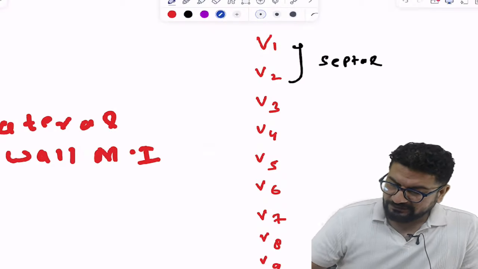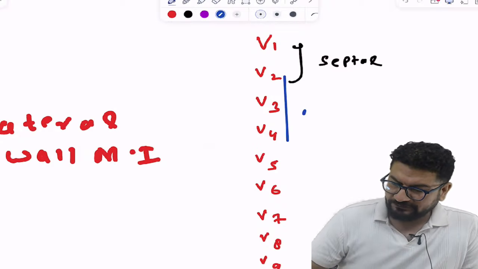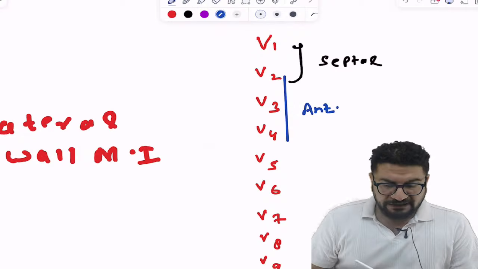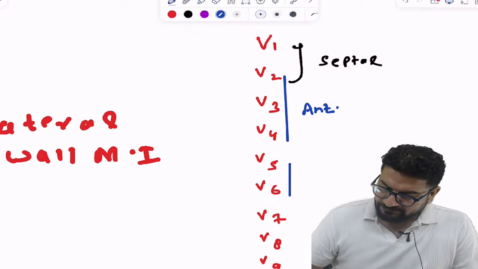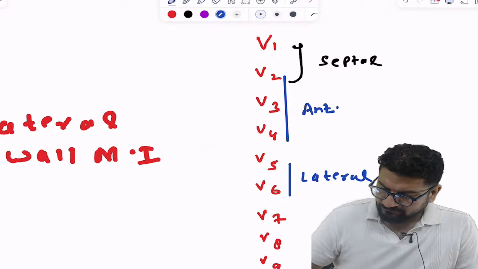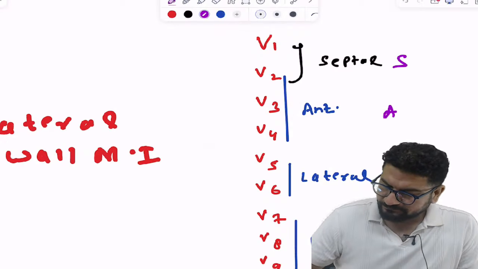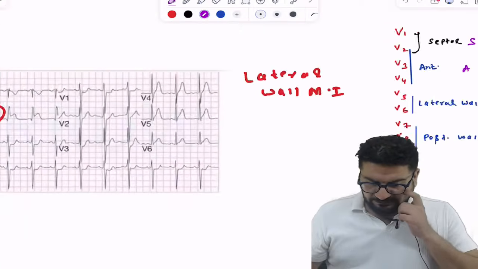When you see changes in V2, 3, 4, this is your anterior wall MI. In V5, V6, you will see a lateral wall MI. And this will be your posterior wall MI. You can remember this by the mnemonic SALP. Clear? Okay, now let's talk about the next one.